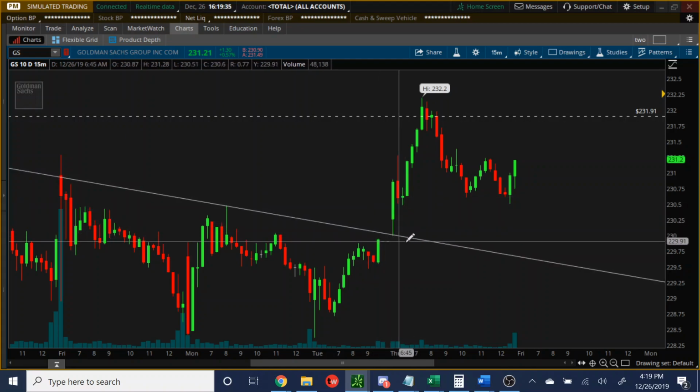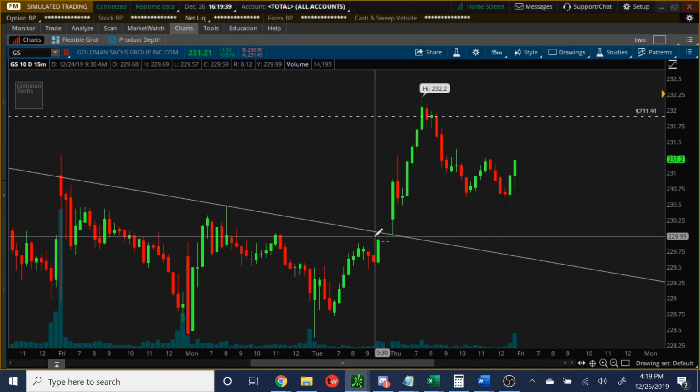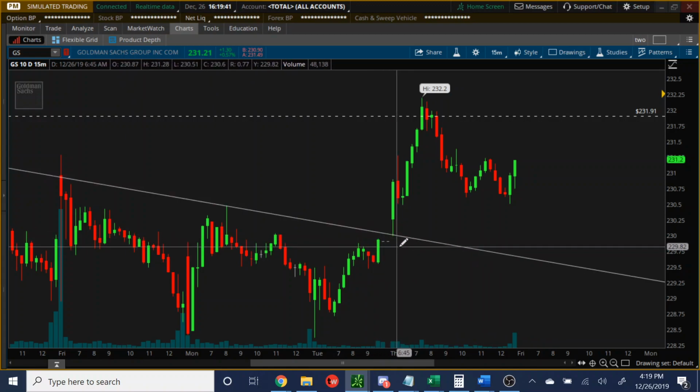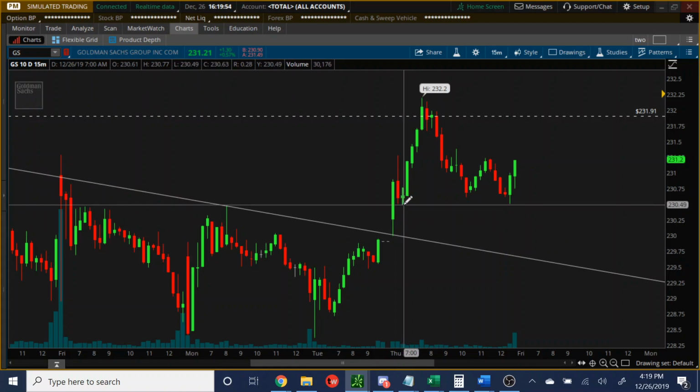And we can also notice that it didn't come near the gap. It did come near it. It didn't fill it all the way, which is again a sign that buyers are stepping in earlier than an important level. And so that's showing bullish sentiment. And I saw, well, this is a pretty good risk to reward if I can get on the downside.